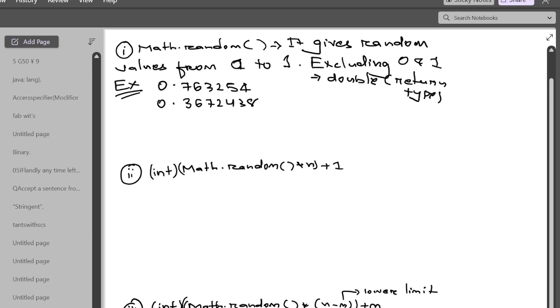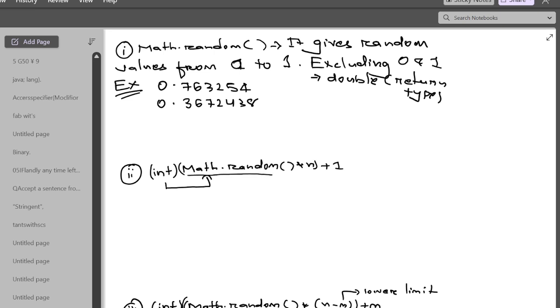Now, let me tell you about this. What if you use (int)(Math.random() * n) + 1? This int is to convert the whole thing mentioned in the parentheses to an integer. And n is the range of values. Suppose I have given 5.